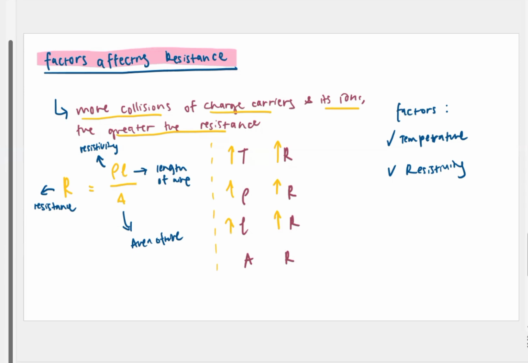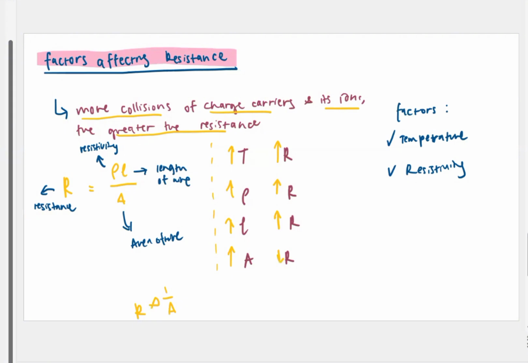That means if the area increases, the resistance will decrease. We can write it down like this, R, which means it's proportional. Correct me if I'm wrong, but this is out of pure memory. I should have done research on this, but R is inversely proportional to area.